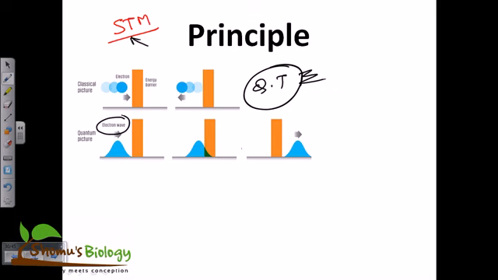So what we do in the scanning tunneling microscope is that obviously we have a sample, right? The sample we majorly use in this case is not always a living sample, not even living samples. We use scanning tunneling microscopy to understand the surface of different atoms and different molecules, different metals.